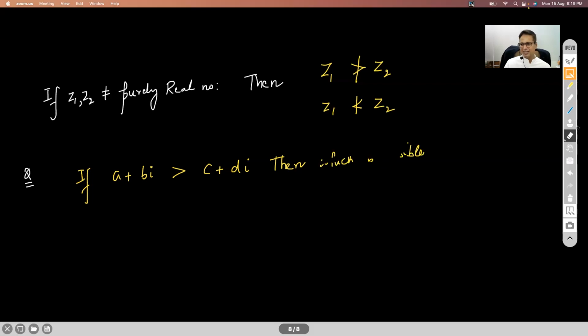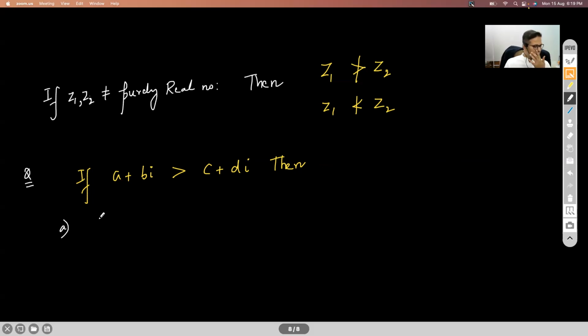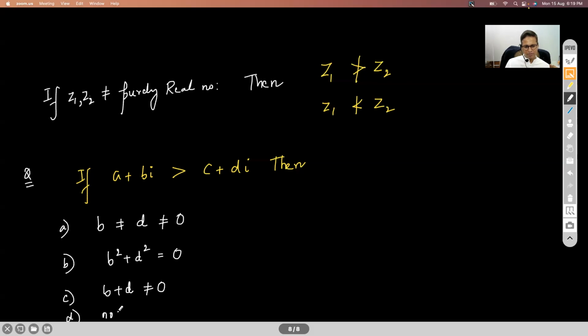Option A: b is equal to d and not equal to 0. Option B: b squared plus d squared is equal to 0. Option C: b plus d is never 0. Option D: none of the above.